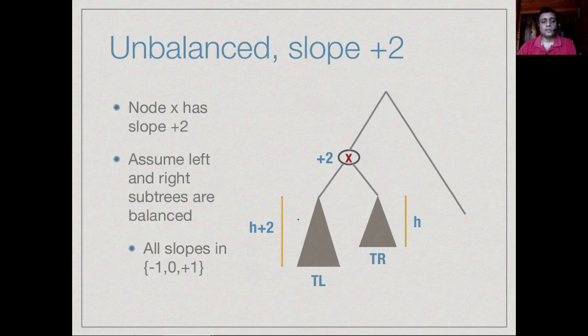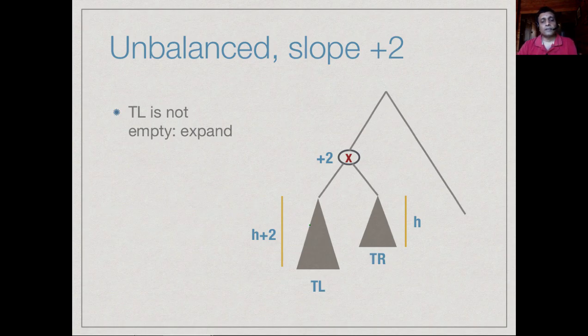Remember, the slope is height of left minus height of right, so h plus 2 minus h will be 2. Now recursively we are going to assume that all the slopes below are at most plus 1 or minus 1. So we are assuming that everything below this has been fixed and the only imbalance in the subtree at x is at x itself.